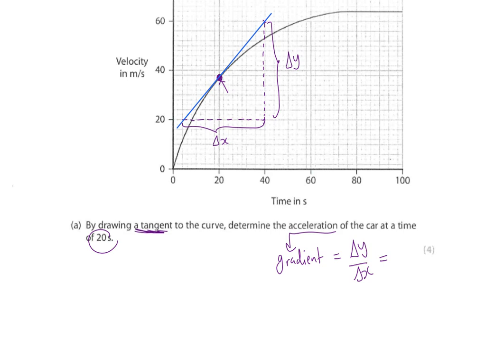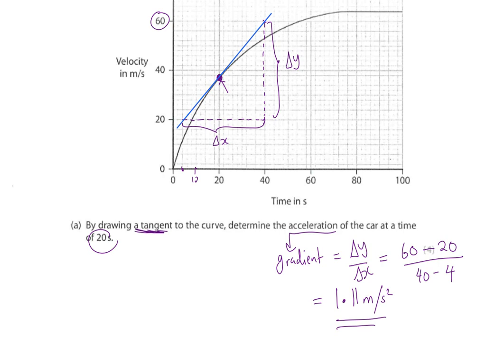Therefore my change in y is going to be 60 take away 20, divided by 40 take away, this would be somewhere there. Let me pause and count the squares. Okay, so this is going to be 4. Therefore my gradient is going to be 1.11 meters per second squared.